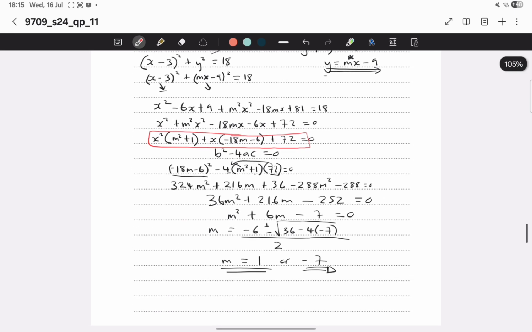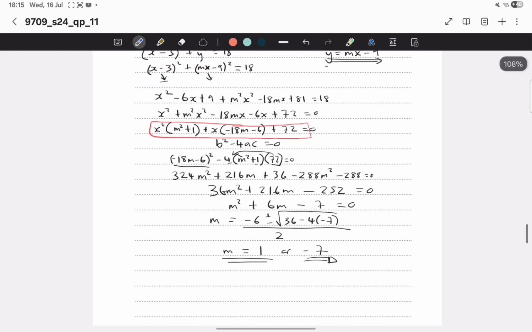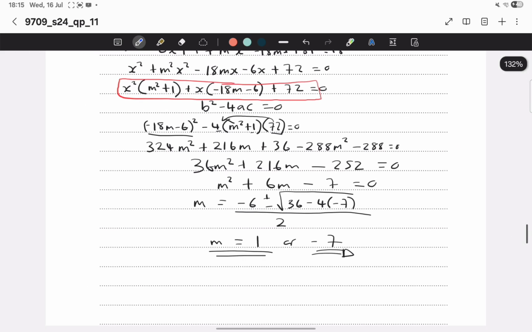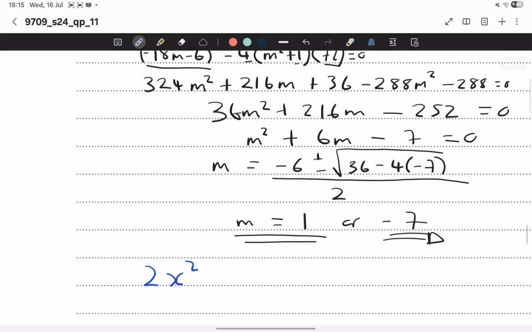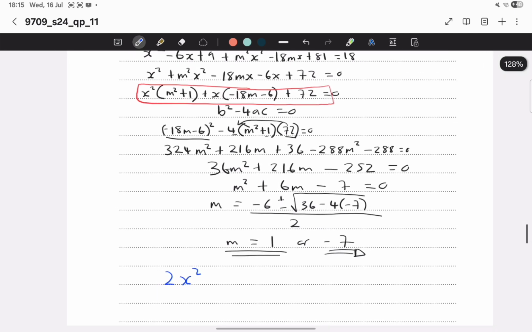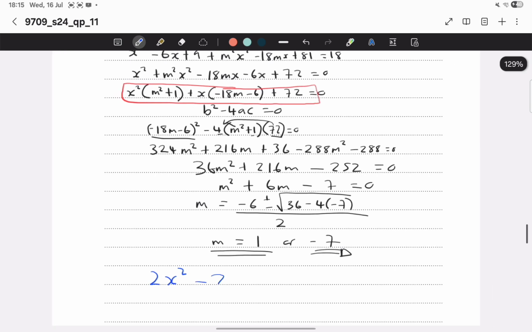Substituting 1, we get 2x², because that will be 1² + 1, so 2x². Then for the second part, that will be −18 − 6, that's −24x, plus 72.